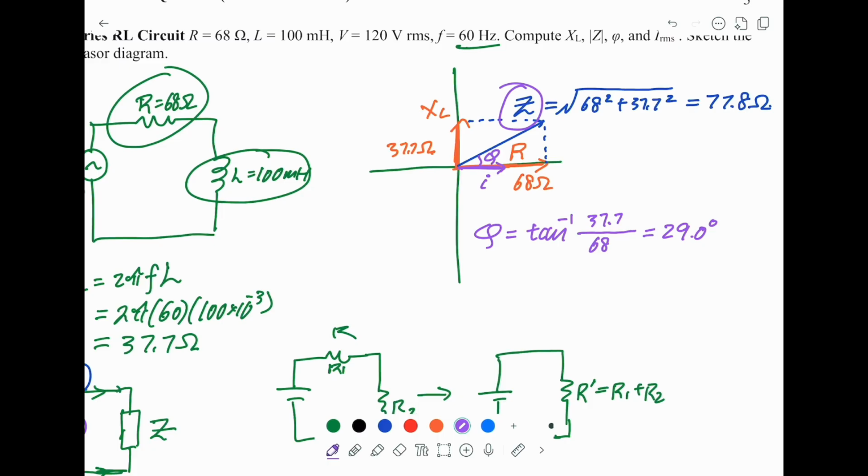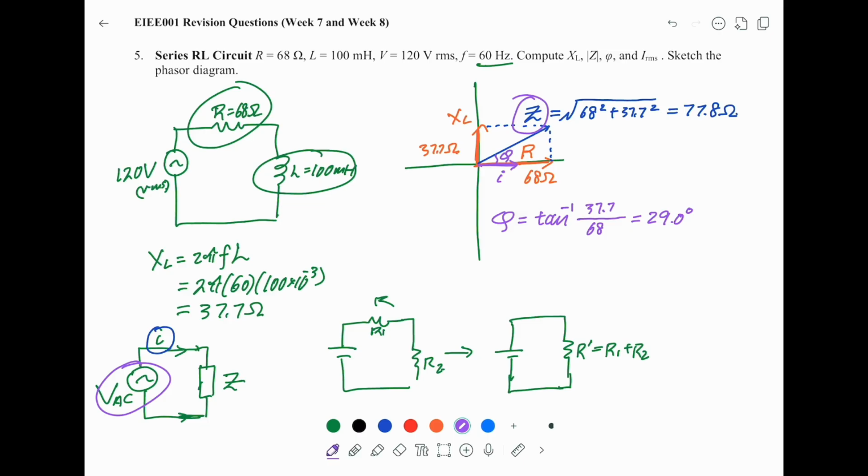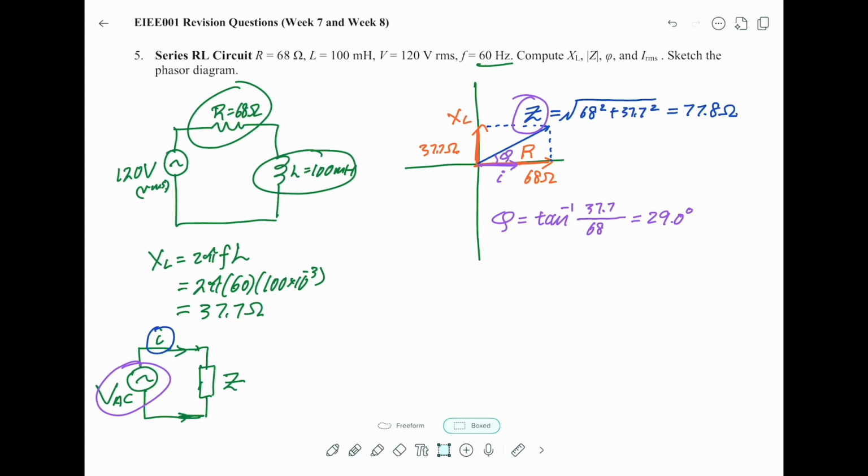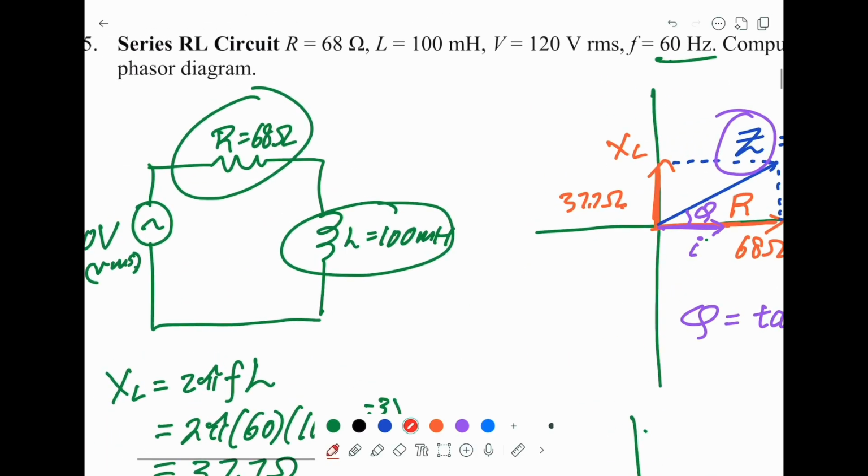Okay, so if you plot this like in the time domain again, this is what you will see. The R, the I, the VR, all these three, the current, the voltage across here, and the resistance, are all in phase.